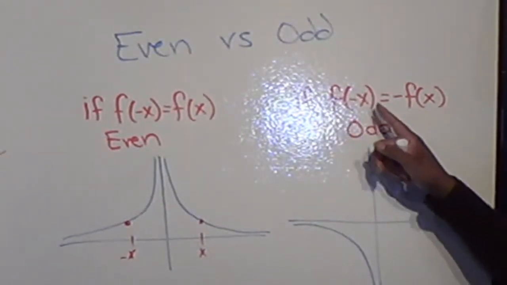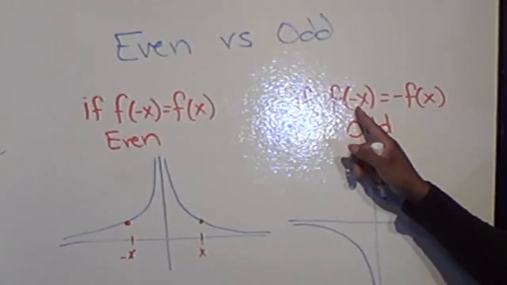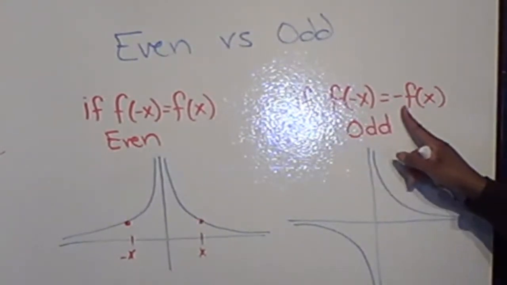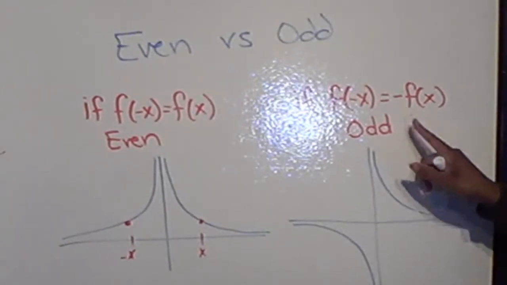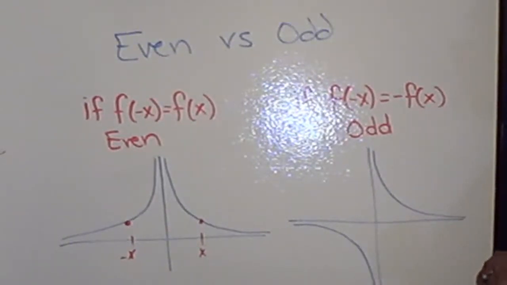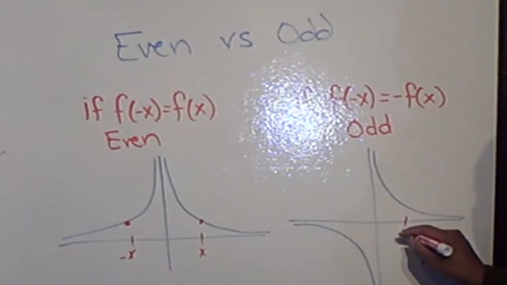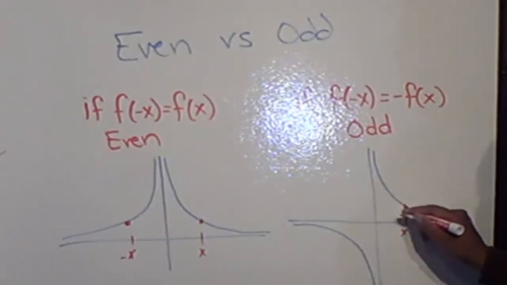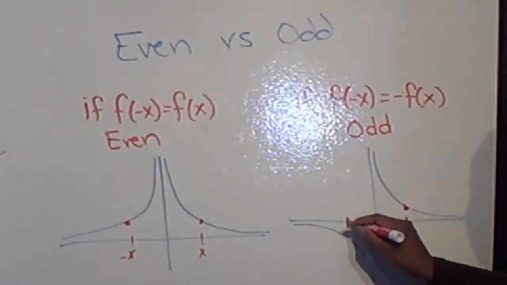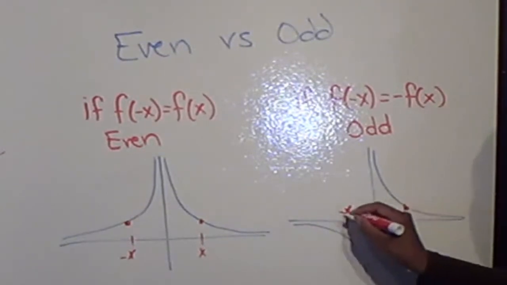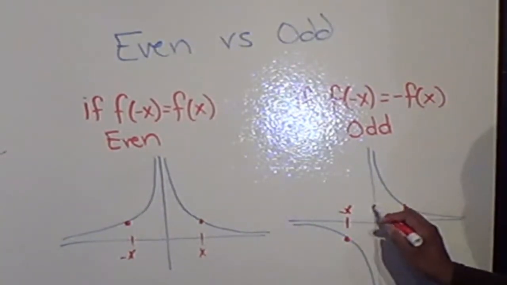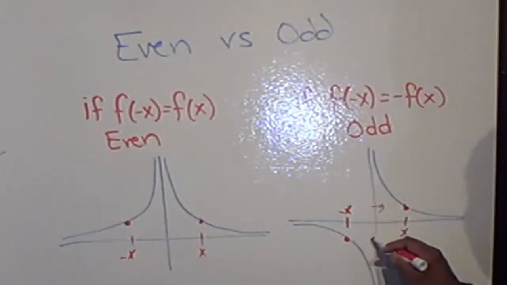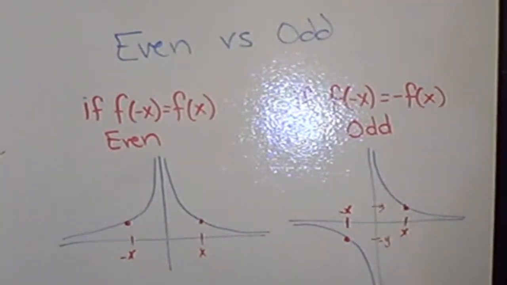If I'm looking at something where I put a negative in for the x and the answer comes out to be the same as the negative of the positive x, then it's an odd function. Okay? And so here again, if I pick an x over here and I get this positive value, when I come over here to the negative side, that same value should be negative. Okay, so if this is y, this is going to be negative y.